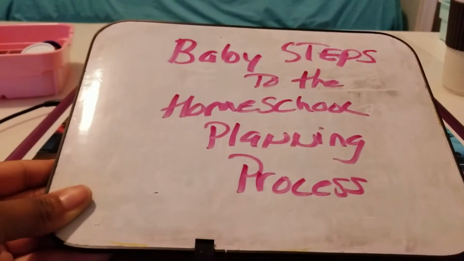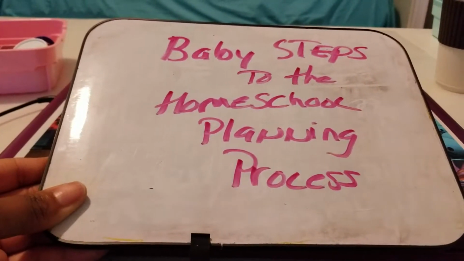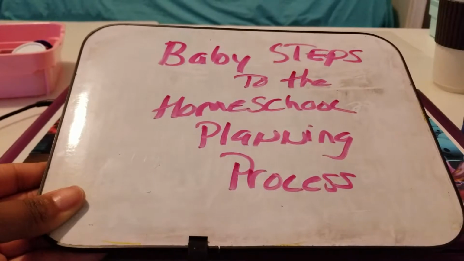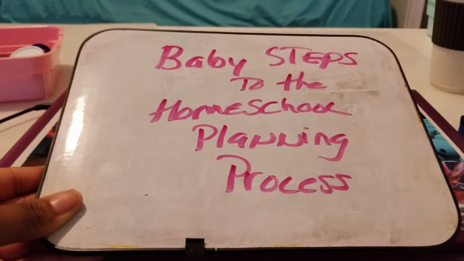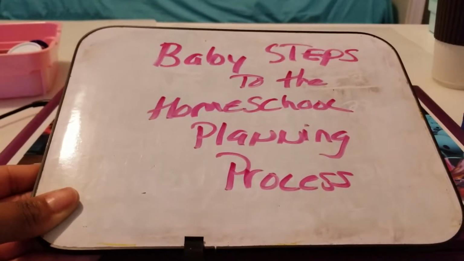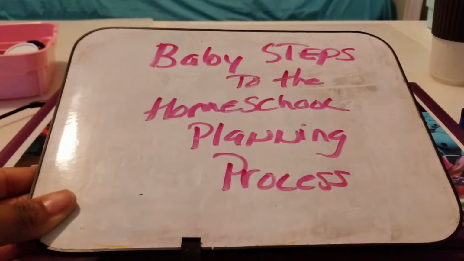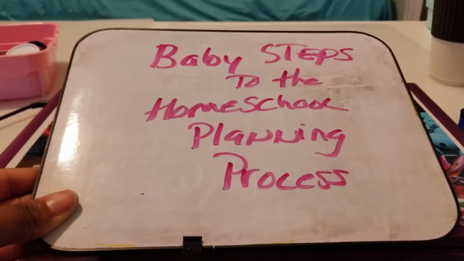But that may not work for you. It may be too much at one time. So consider planning maybe on a monthly basis in the beginning until you get acclimated and you get used to it. And then you can go ahead and plan by quarter, by semester, and then by the year.